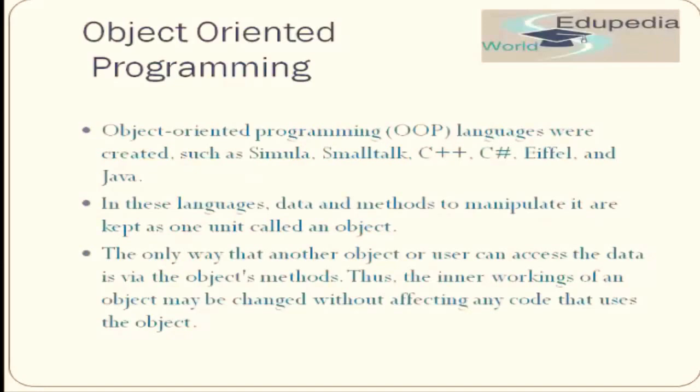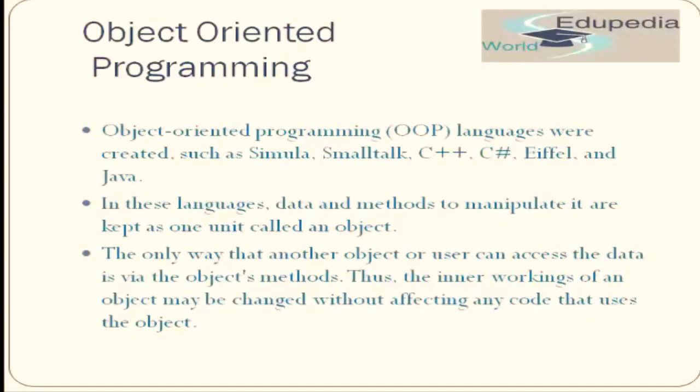Finally, the object-oriented programming languages. Object-oriented programming languages were created such as Simula, Smalltalk, C++, C Sharp, Eiffel, and Java. In these languages, data and methods to manipulate it are kept as one unit called an object.